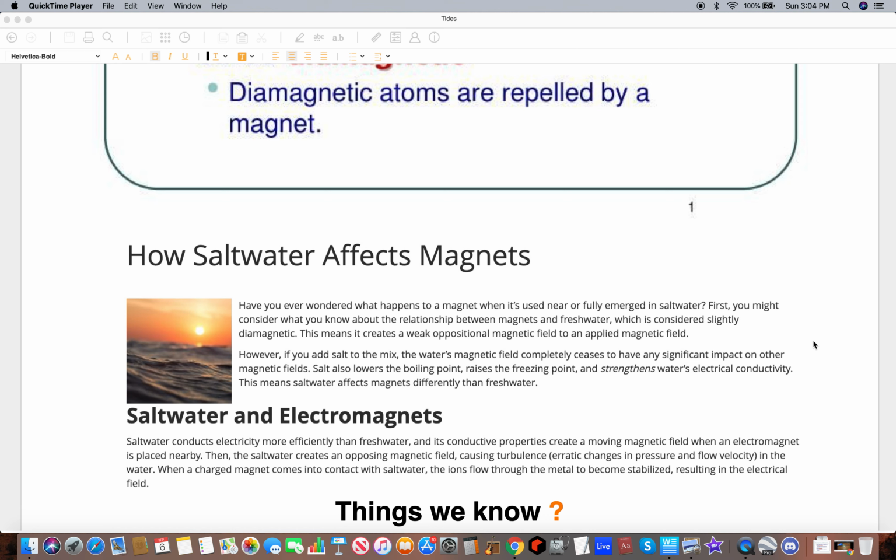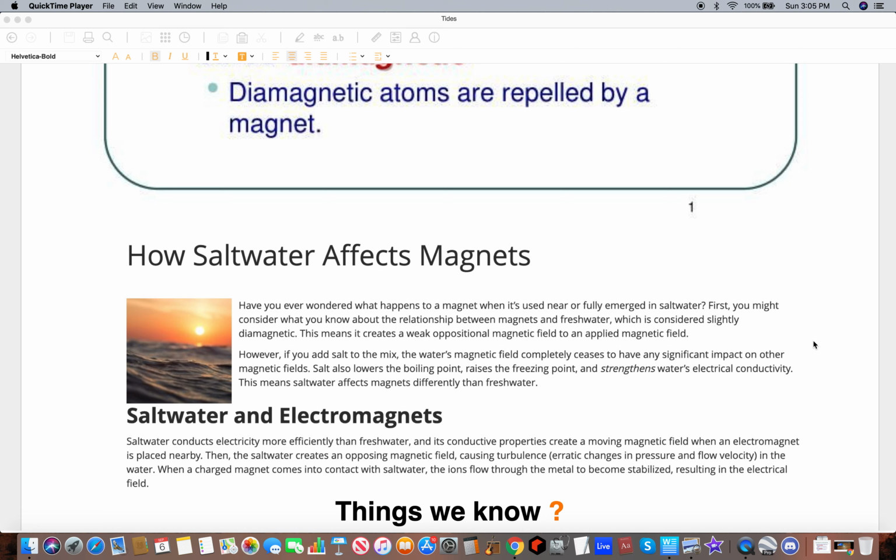Salt water and electromagnets. Salt water conducts electricity more efficiently than fresh water, and its conductive properties create a moving magnetic field when an electromagnet is placed nearby. Then the salt water creates an opposing magnetic field, causing turbulence, erratic changes in pressure and flow velocity in the water.